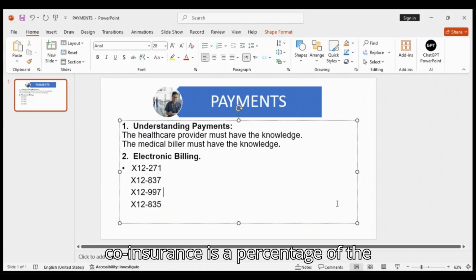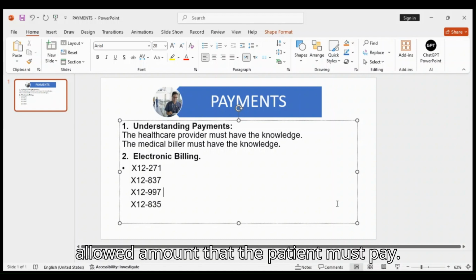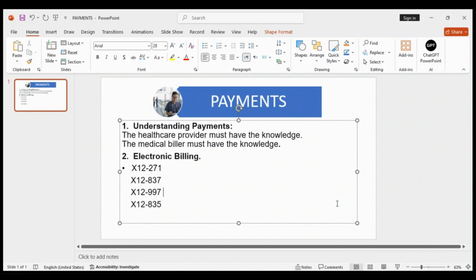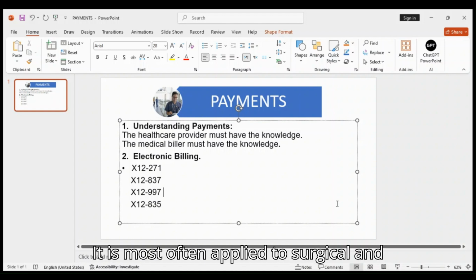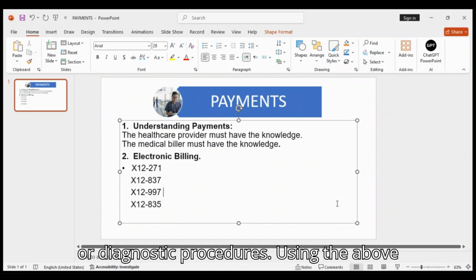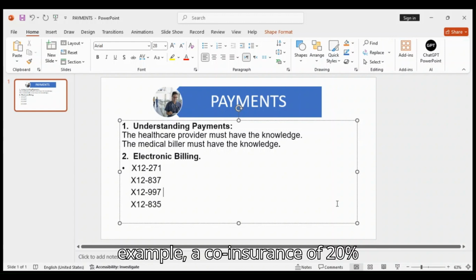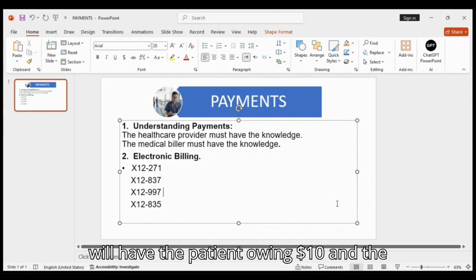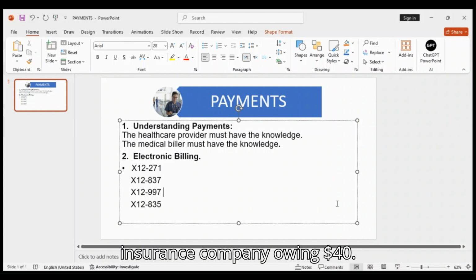A co-insurance is a percentage of the allowed amount that the patient must pay. It is most often applied to surgical and/or diagnostic procedures. Using the above example, a co-insurance of 20% will have the patient owing $10 and the insurance company owing $40. Steps have been taken in recent years to make the billing process clearer for patients.